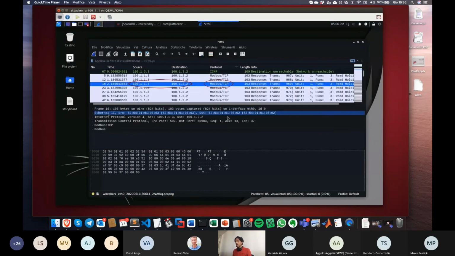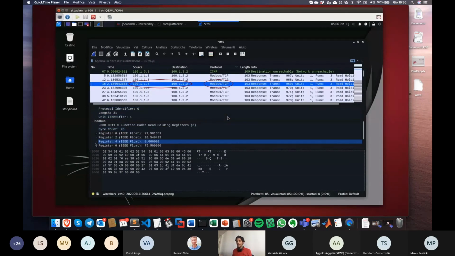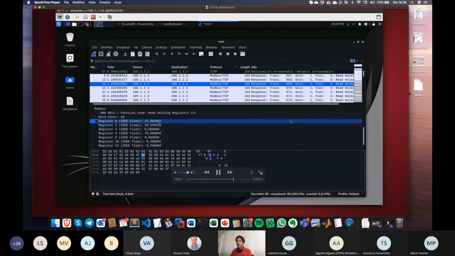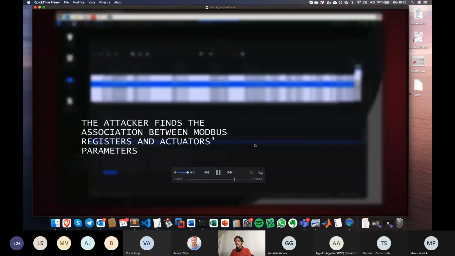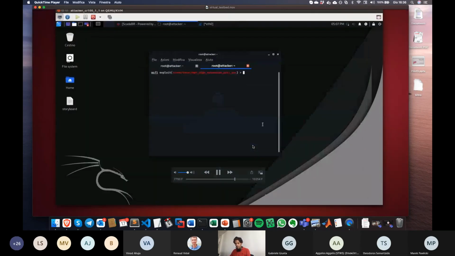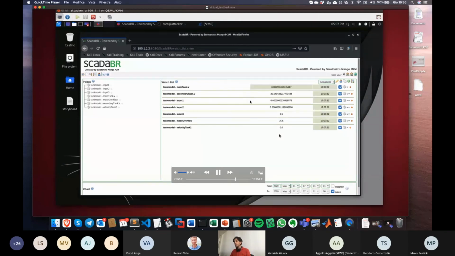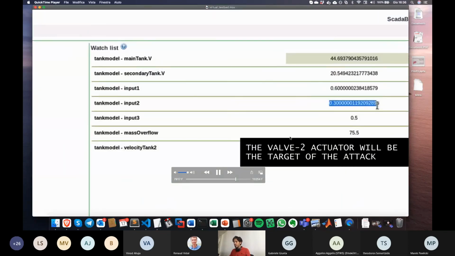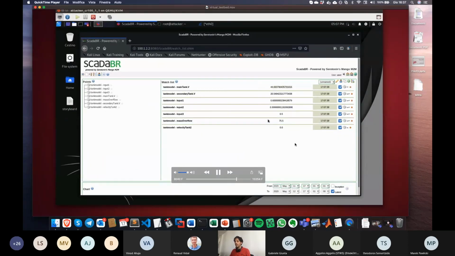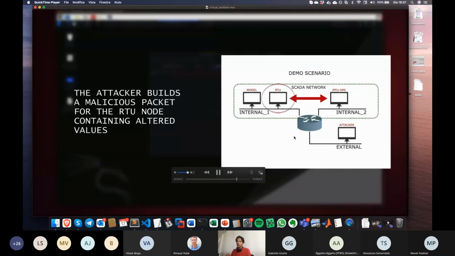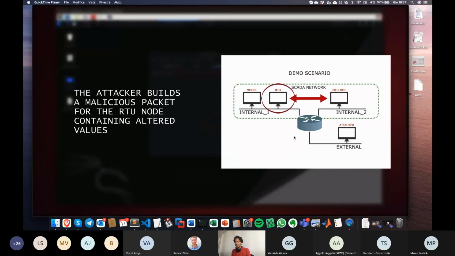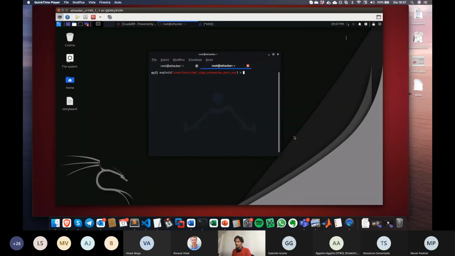In this way, once he has observed the Modbus TCP packets, he can understand how to modify the values of the parameters. The actuator of valve 2, which opens or closes the valve, will be the target of the attack.